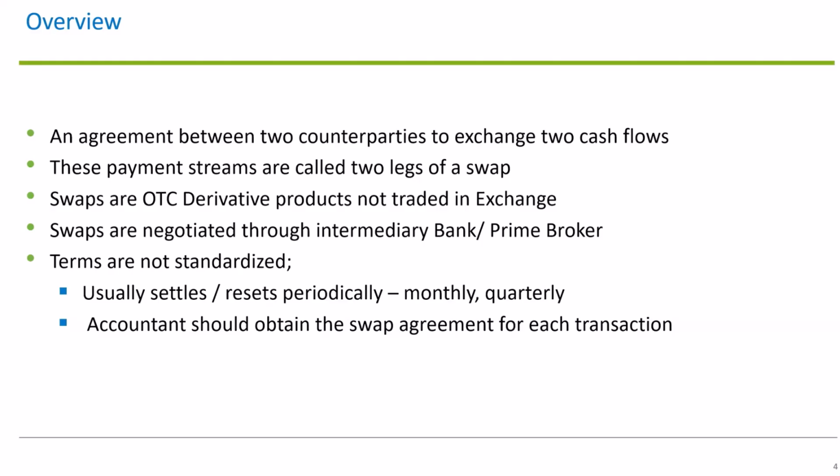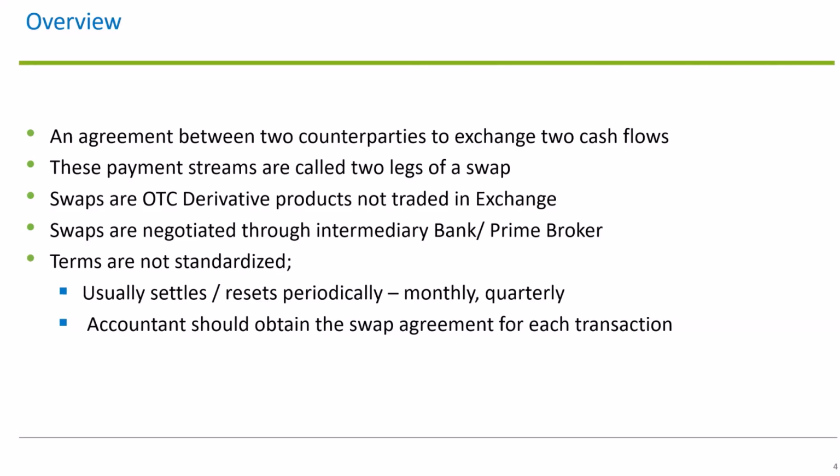What is a swap? As the name goes, swap means exchange. What are we exchanging? We are exchanging two cash flows. So swap is an agreement between two counterparties to exchange two cash flows. These cash flows are payment streams. These are called two legs of a swap.